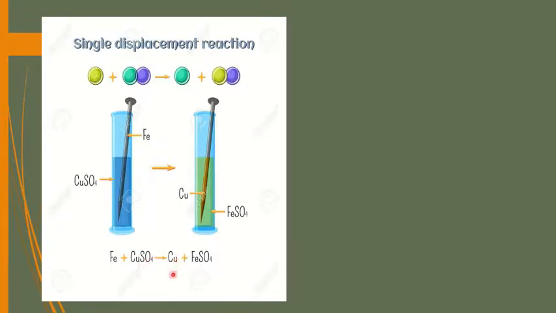This type of reaction is called substitution reaction, where an element reacts with a compound and produces an element and a compound. When A reacts with XY, then A displaces X from the compound and takes the place of X, so it produces AY and X becomes separated from the compound.